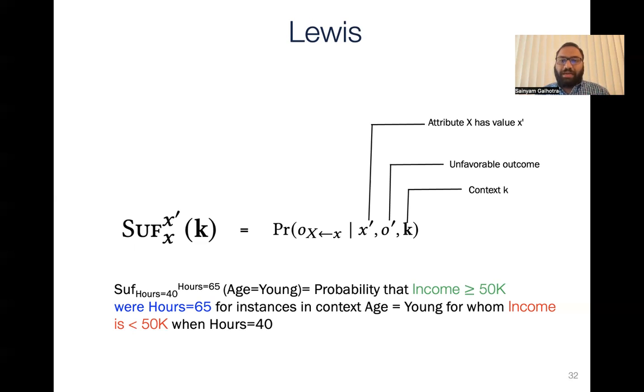And choosing K as an empty set means a global score for all individuals in the dataset. As an example, the intuitive meaning of calculating the sufficiency score for changing hours from 40 to 65 for age equals young evaluates the probability that younger individuals who received lower income when they had number of working hours equal to 40 will have higher income if they work for more than 65 hours.